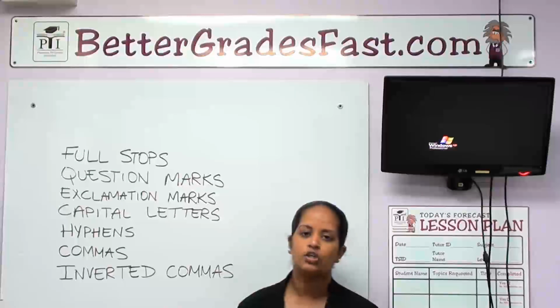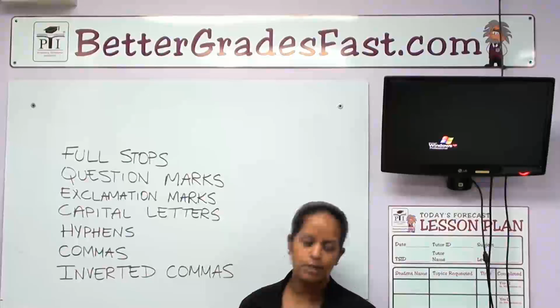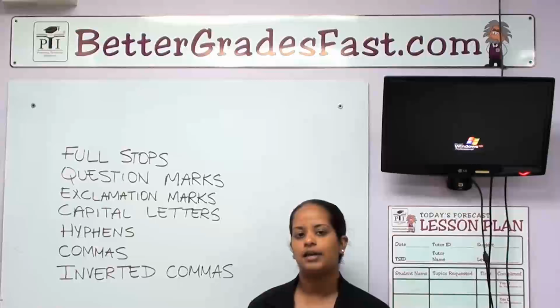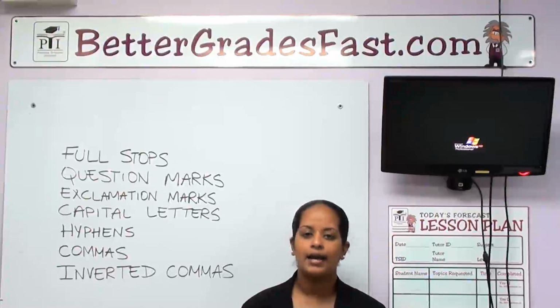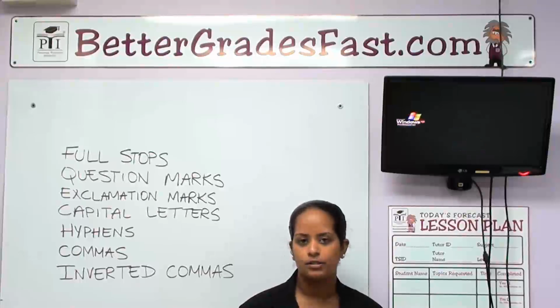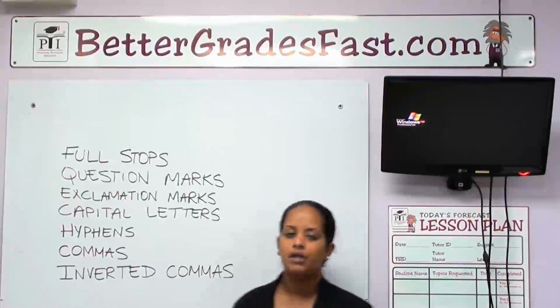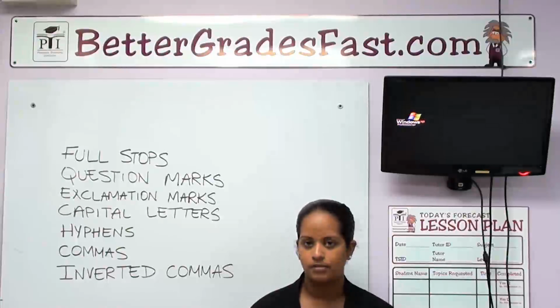Inverted commas enclose the actual quote said by the person in your direct speech. For example, Jill says, "I like to eat ice cream." I like to eat ice cream will be found between inverted commas because it's something that Jill directly says.